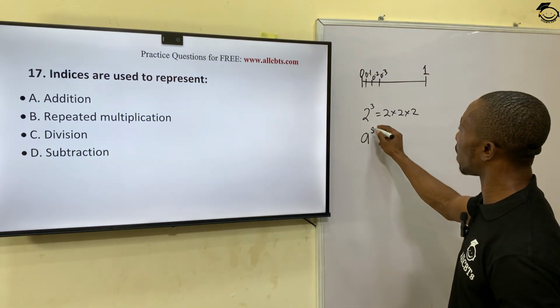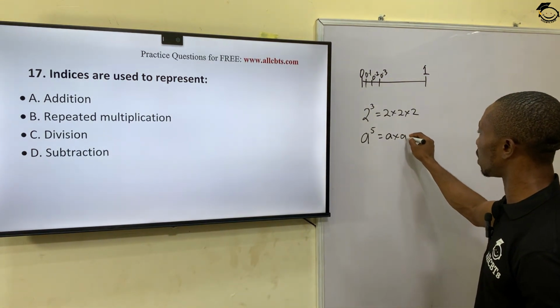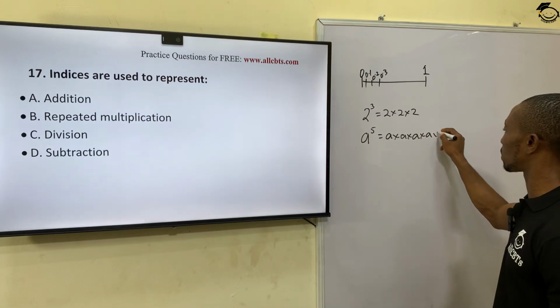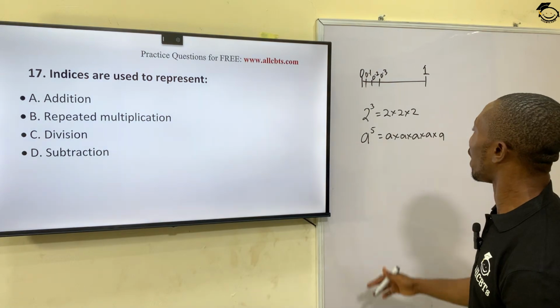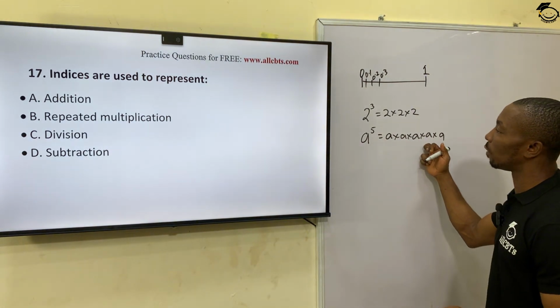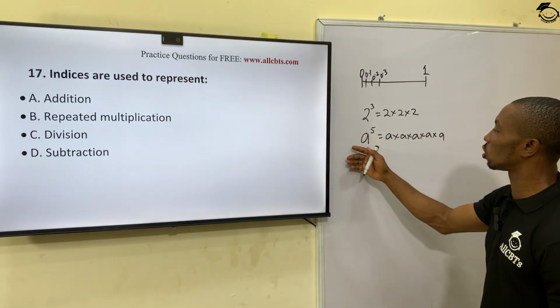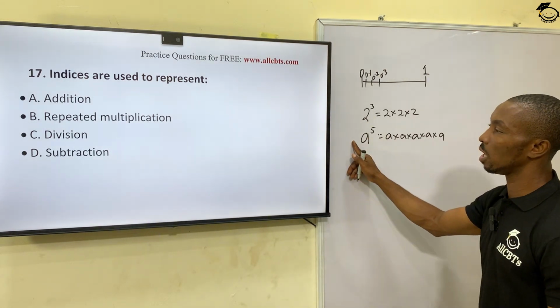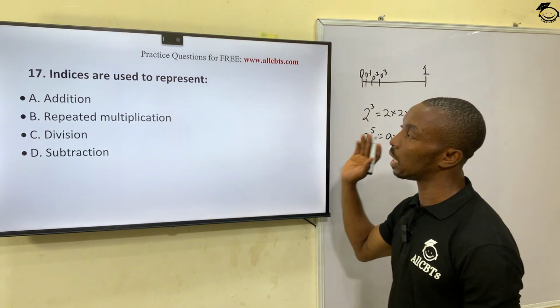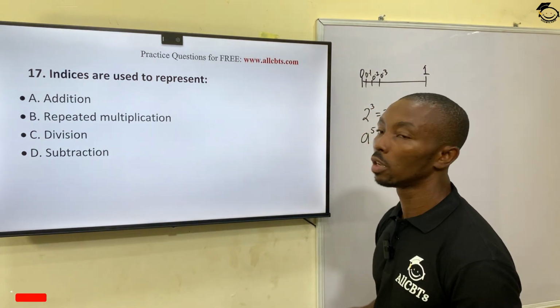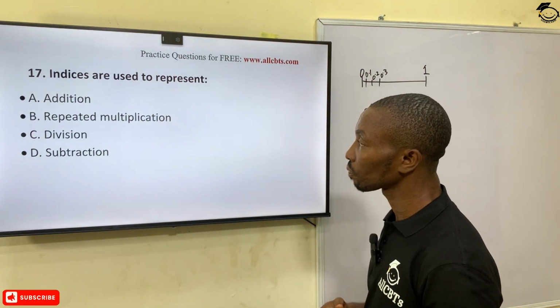A raised to the power 5, we have it as A times A times A times A times A. Repeated multiplication. So instead of multiplying each and every one of them individually, we can shorten it to A raised to the power 5. And that is what indices are basically used for.